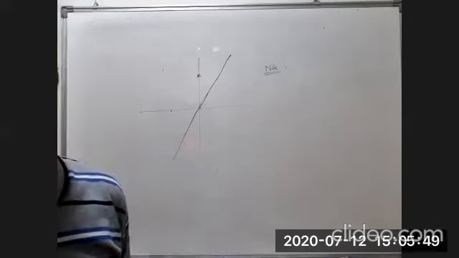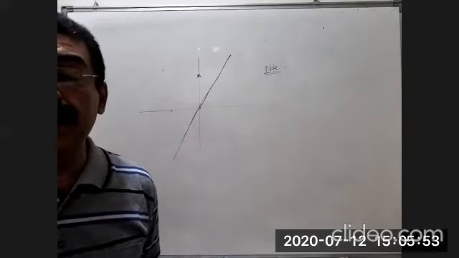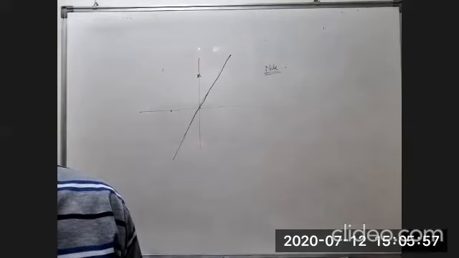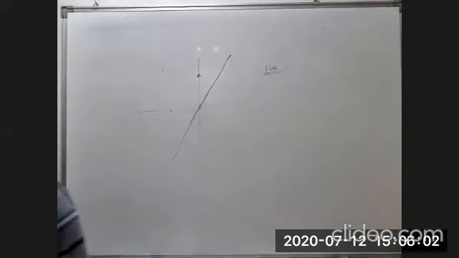If the inequality is true, shade the half plane containing that point. If false, the other half plane.